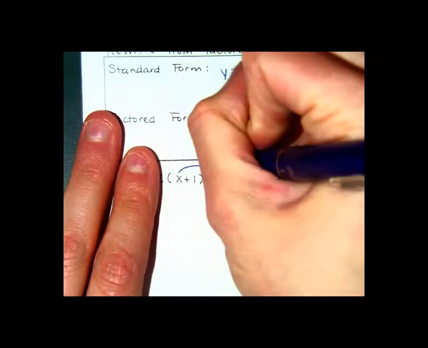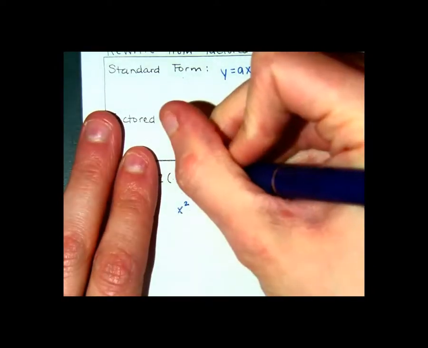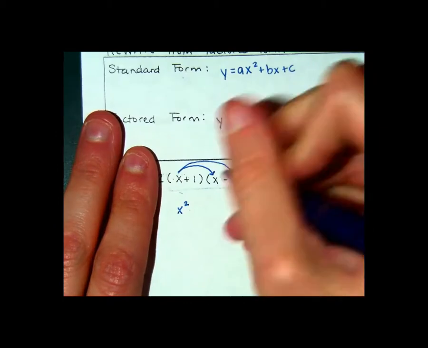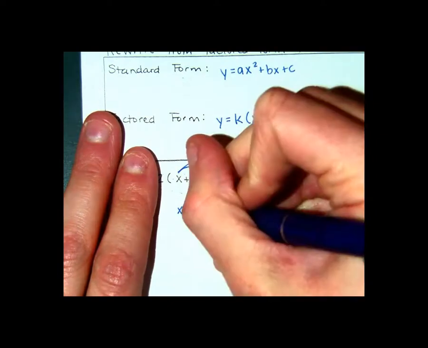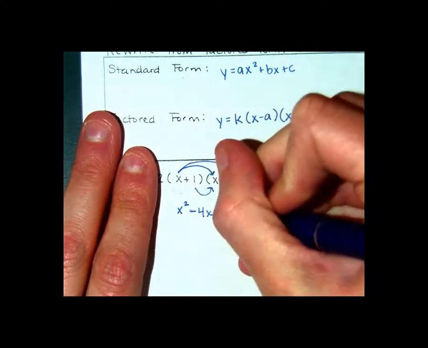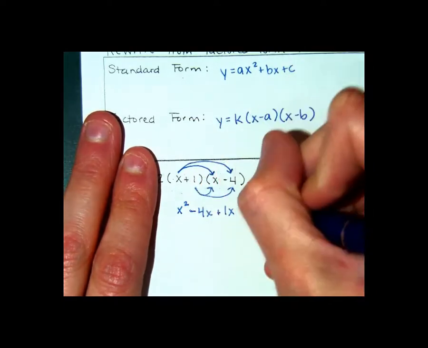Distribute. X times x is x squared. You're probably sick and tired of doing this by now. X times negative 4. Somebody said it, I just didn't hear it. Negative 4x. 1 times x. 1x, okay, and 1 times negative 4.